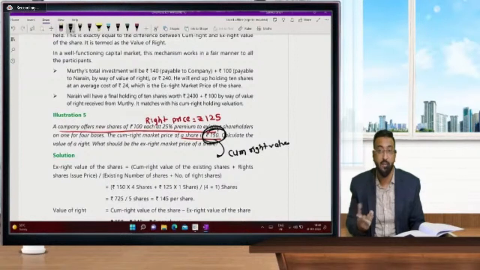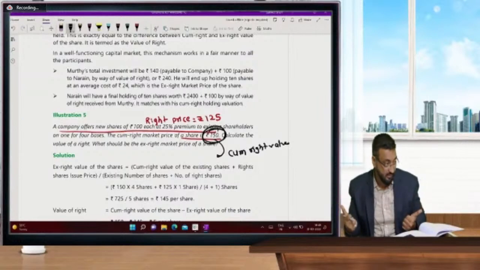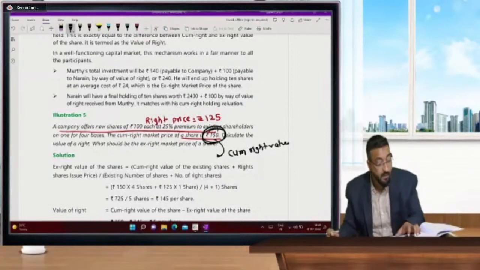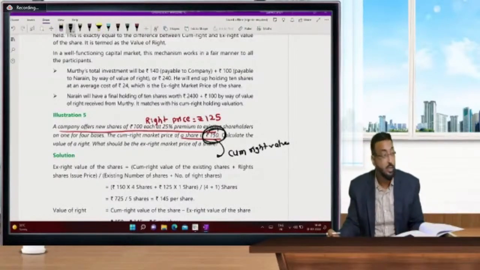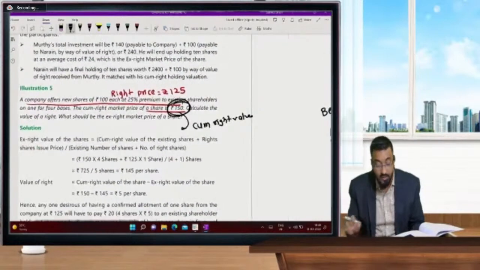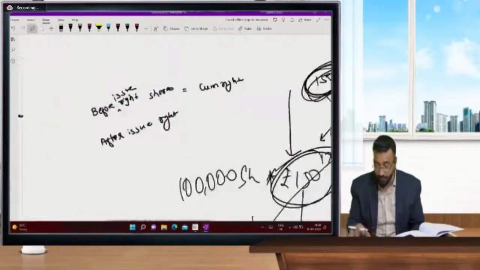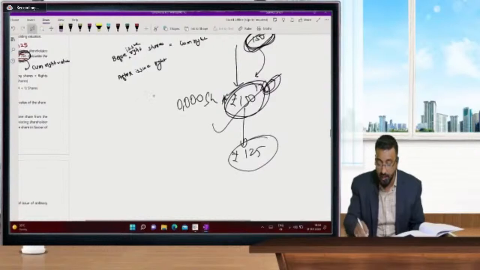Before right. It's not like cum interest and ex interest. It is before and after. So now you got the concept of cum right. So what is the cum right price in this question? 150. Okay?